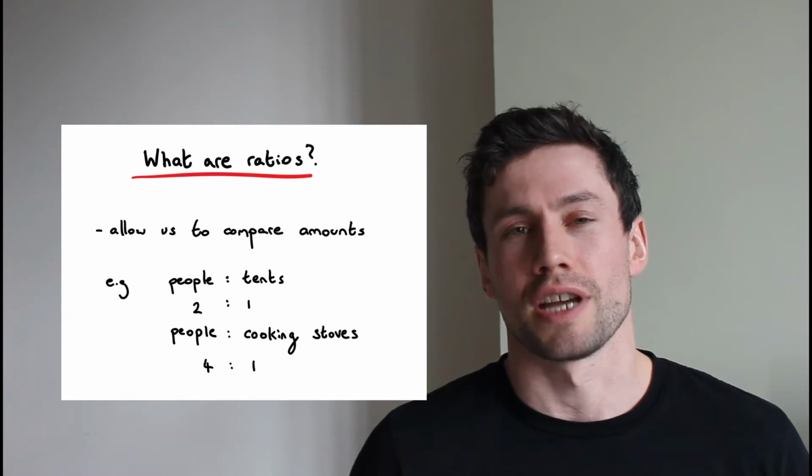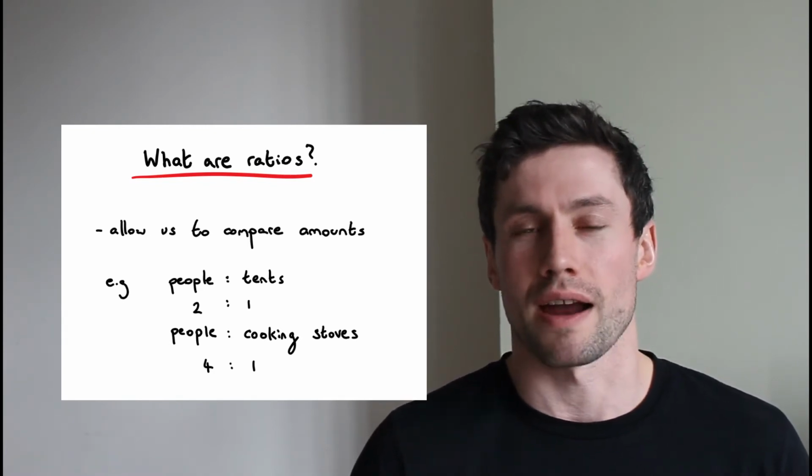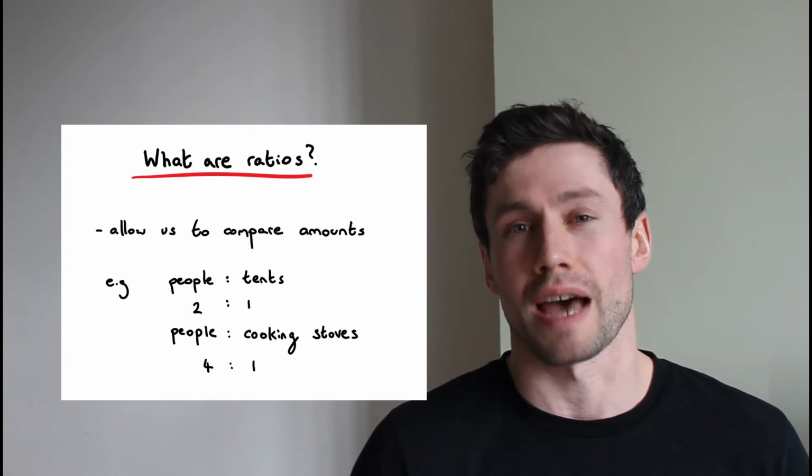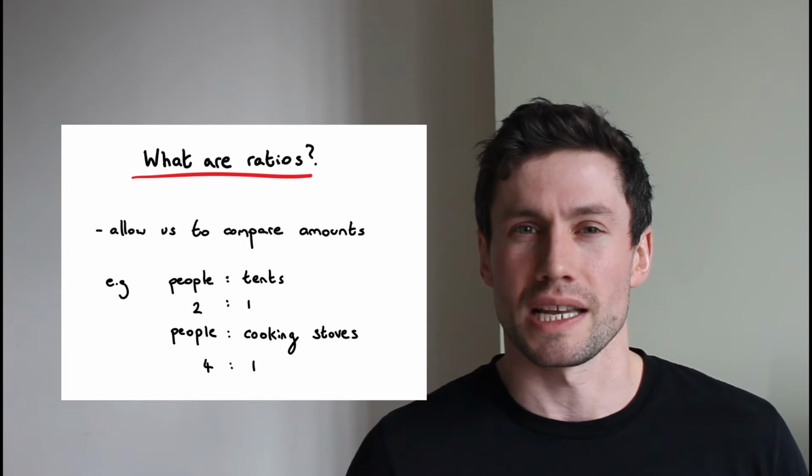Some scientists suggest that ratios are a much more intuitive way for humans to compare the numbers between groups of items than actually comparing the total numbers of items in each group. Pierre Pica is a scientist who studies indigenous tribes in the Brazilian Amazon. He especially looks at how their number systems work.